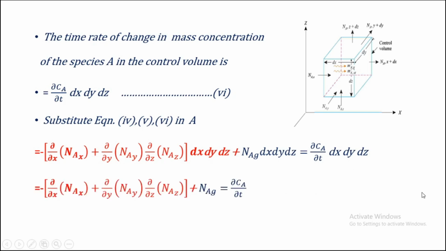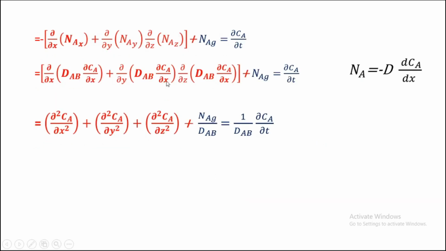Now if the entire equation is divided by dx, dy and dz, the equation is deduced like this. Now this Nax is called the mass flux. So as per Fick's law of diffusion, the Nax can be replaced like this, that is minus DAB into dCa by dx. If you replace all these things, the equation is deduced as follows.